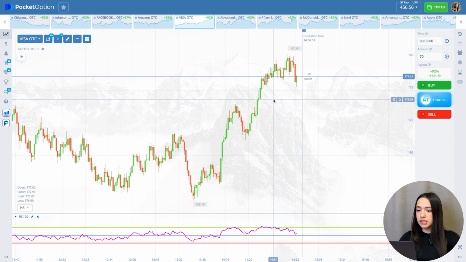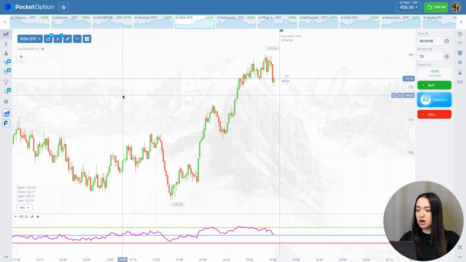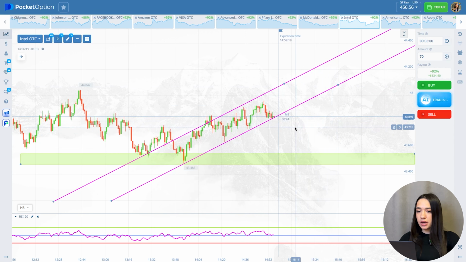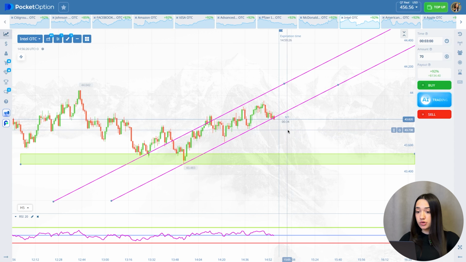So let's start the analysis, and I will choose the most optimal stock where we can see a signal and begin trading. Well, let's stop at Intel stock, and here we'll be using RSI, more specifically its mid-level, as a support area during an uptrend.